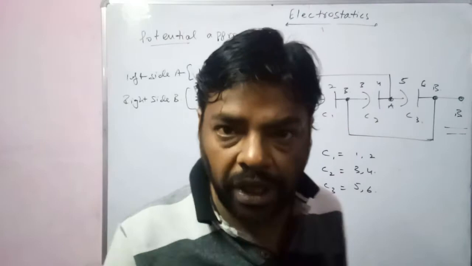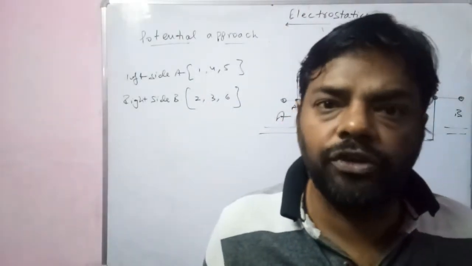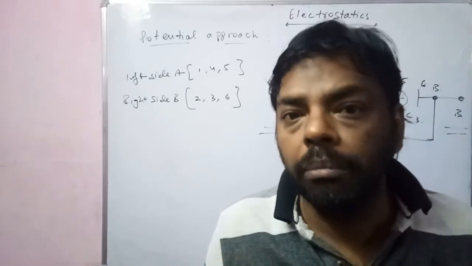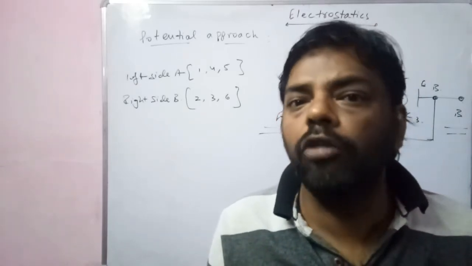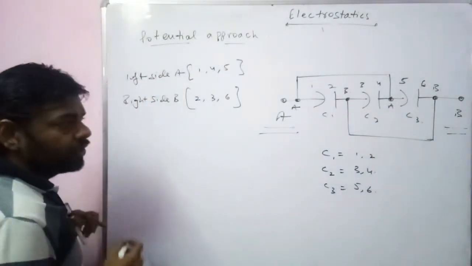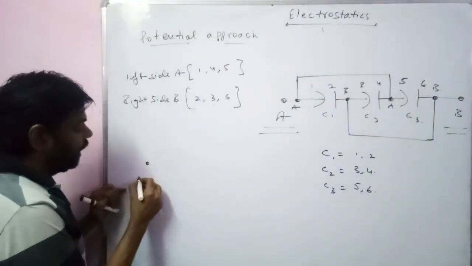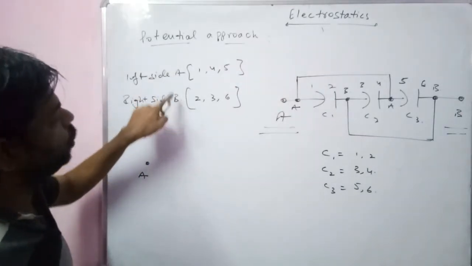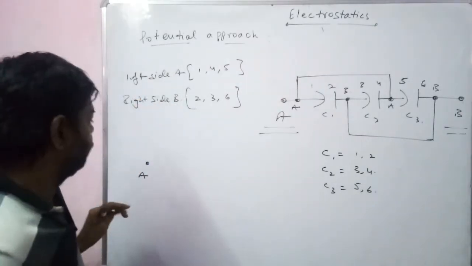When we count the plates, our target is that we are not missing any plate of any capacitor. Clear? Now rebuild the circuit. The circuit has to be rebuilt between the points A and B, because there are only two junctions, A and B.